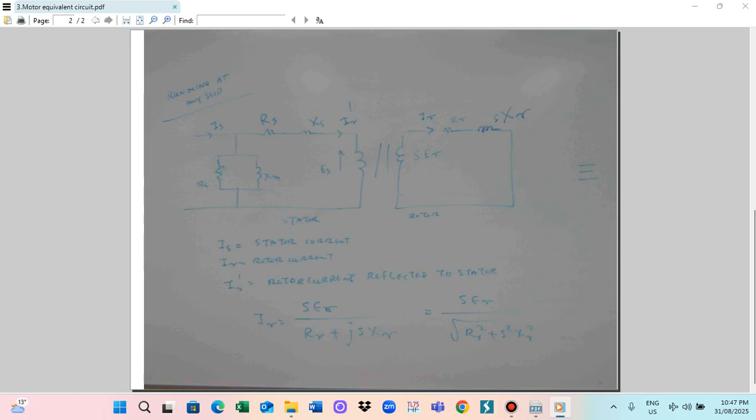This is equal to the ER divided by RR by S plus jXR. So this one also is similar to the ER divided by RR plus jXR plus RR into 1 minus slip divided by slip. So IR means rotor winding current. So this is the IR, rotor winding current.